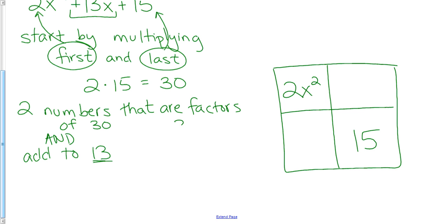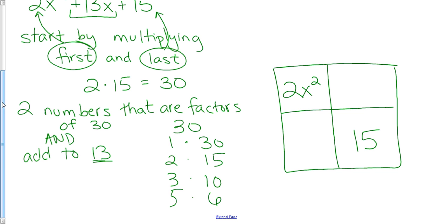So let's list out the factors of 30. 1 times 30, 2 times 15, 3 times 10, and 5 times 6 are all factors of 30. I need a pair that when I add them together, I get 13.